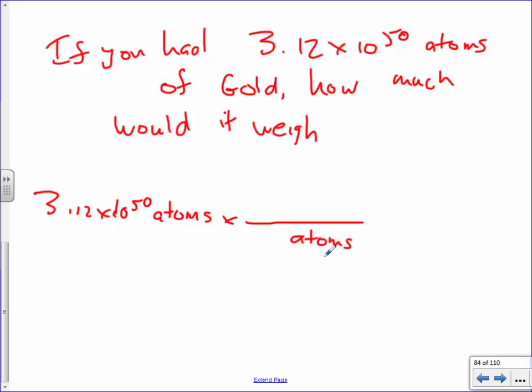The problem is I need to have some sort of ratio that I know that involves atoms and something else. Anybody know a ratio that involves atoms and something else? Like, say, moles? That's the one we just used. There are 6.02 times 10 to the 23 atoms in 1 mole. See how atoms could then cancel?